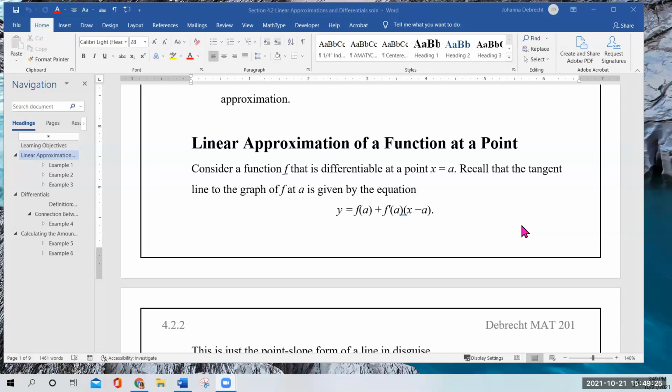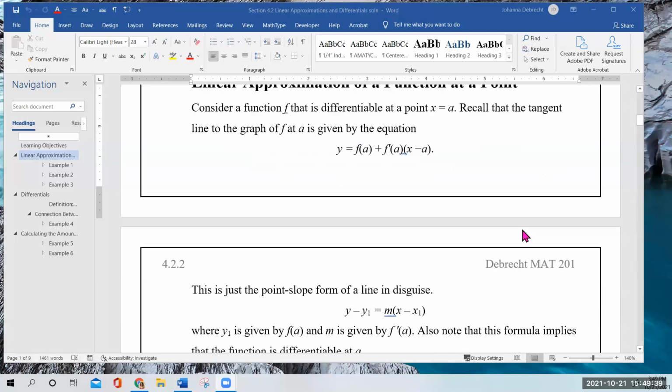Recall that the equation for the tangent line to the graph of the function at a is given by the equation y equals f of a plus f prime of a times x minus a. Now, this is really just the point slope form of the equation in disguise, where we have y minus y1 equal to the slope of the tangent line times x minus x1.